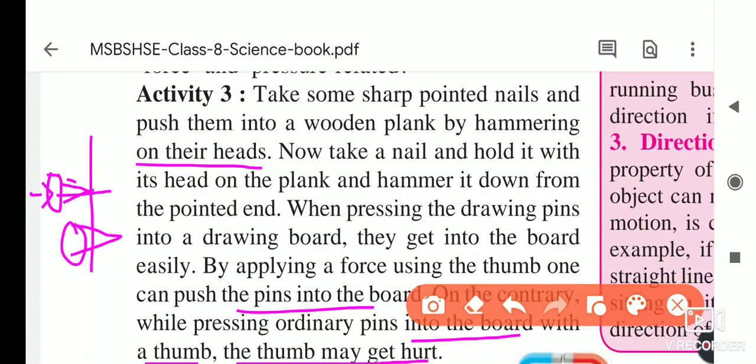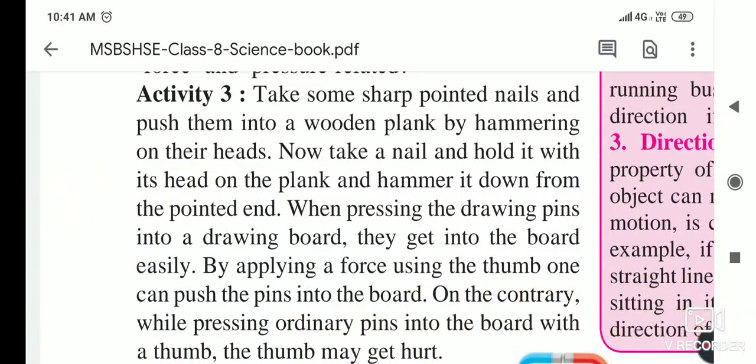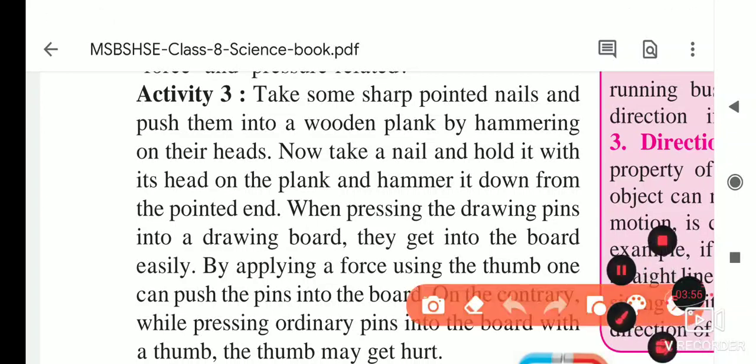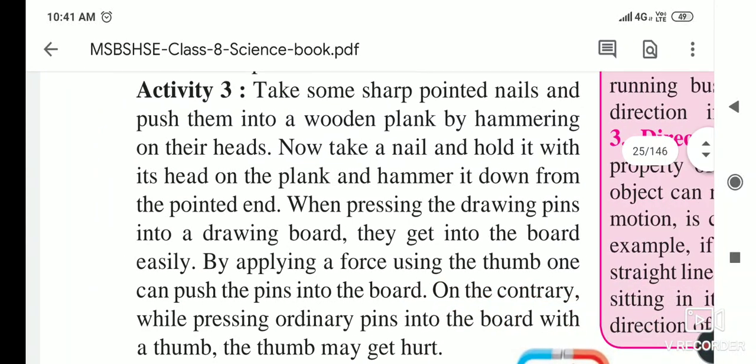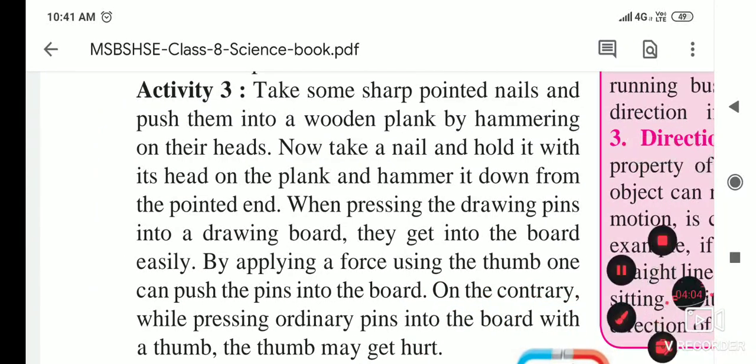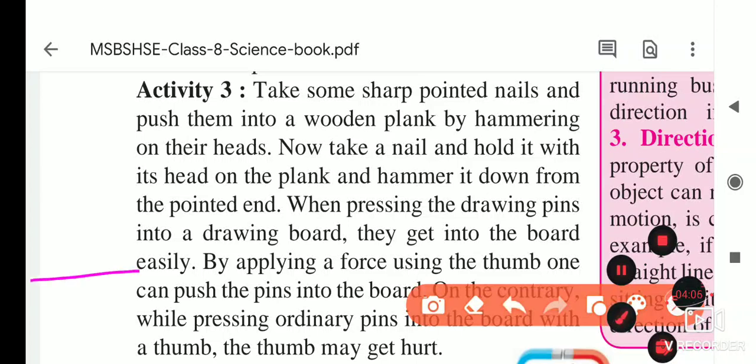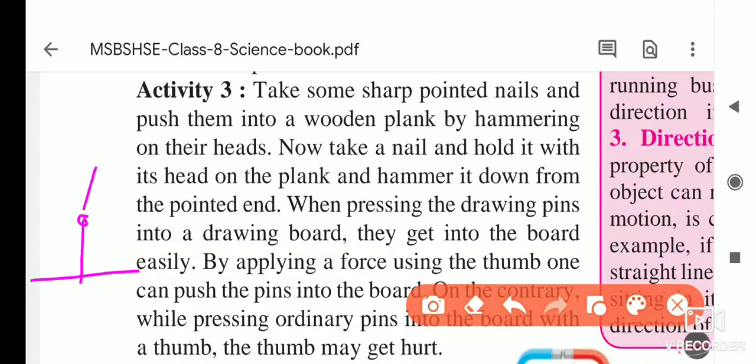Suppose this is our drawing board, and this is the pin that we have to press. By applying force on the top of this pin, it enters the drawing board easily, and we can press and fix it in that position.